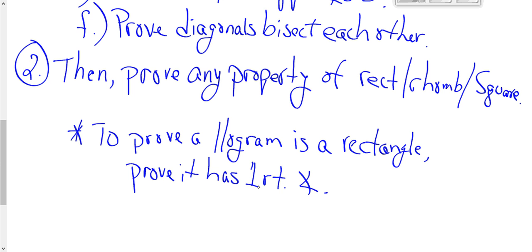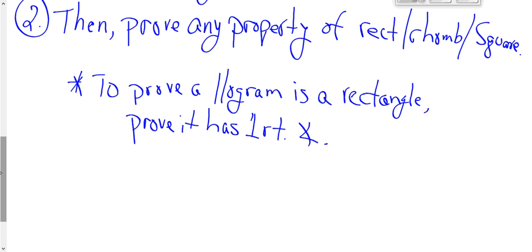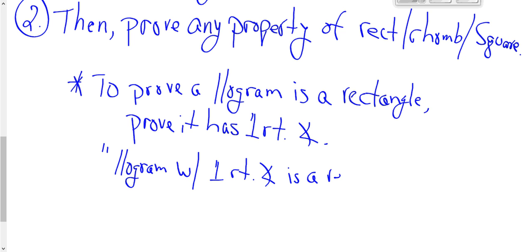Okay? And your reason would be, like, let's say you got down, so here would be maybe how the reason would look, right? Parallelogram with one right angle is a rectangle, right? Over in the right-hand column. Parallelogram with one right angle is a rectangle. Okay? So that would be a proof reason right there. Right?